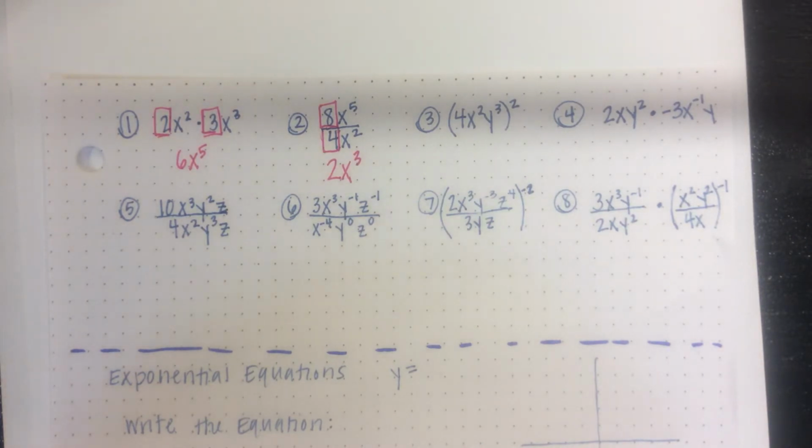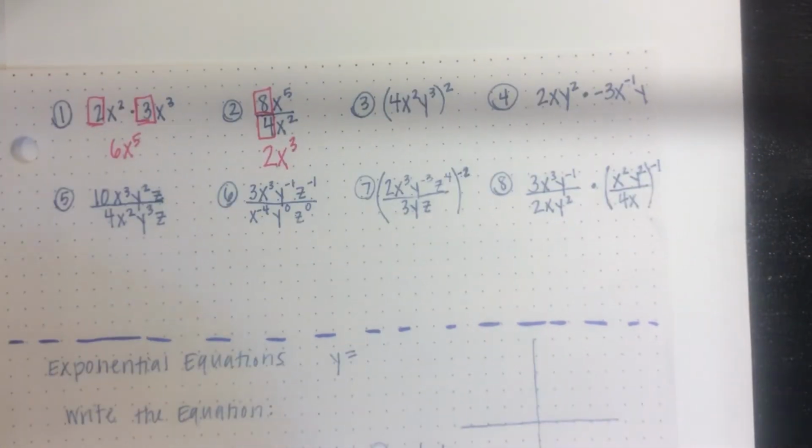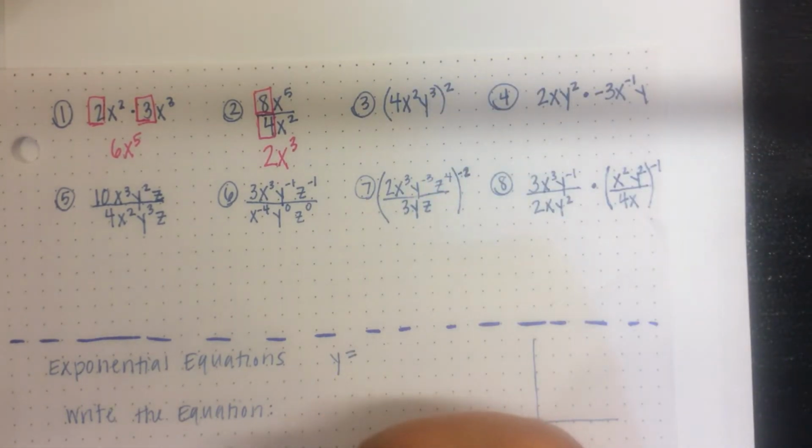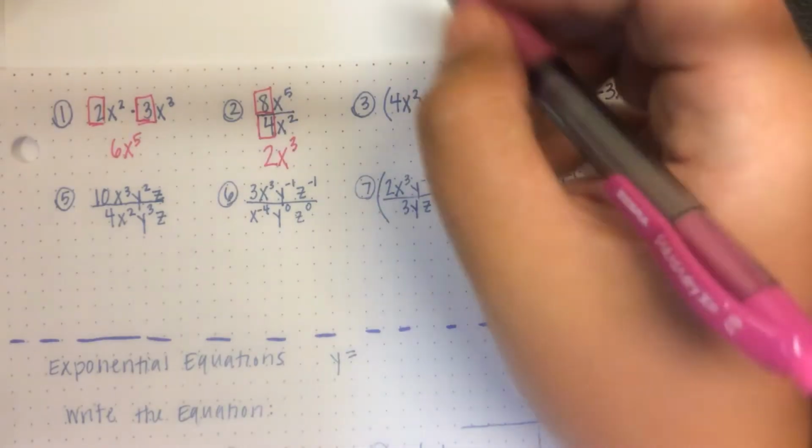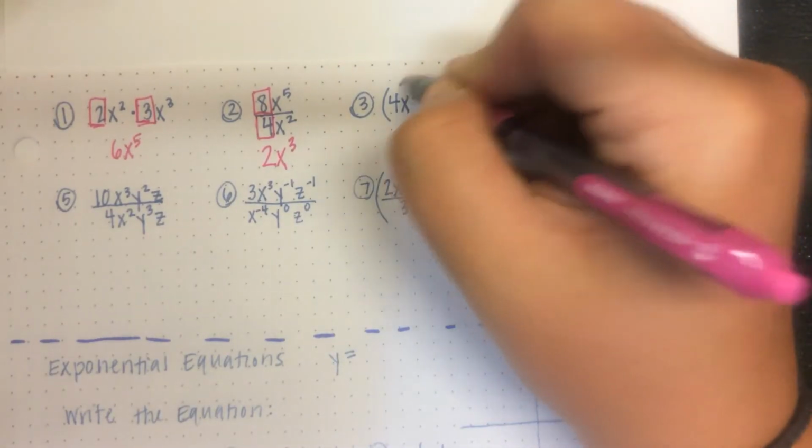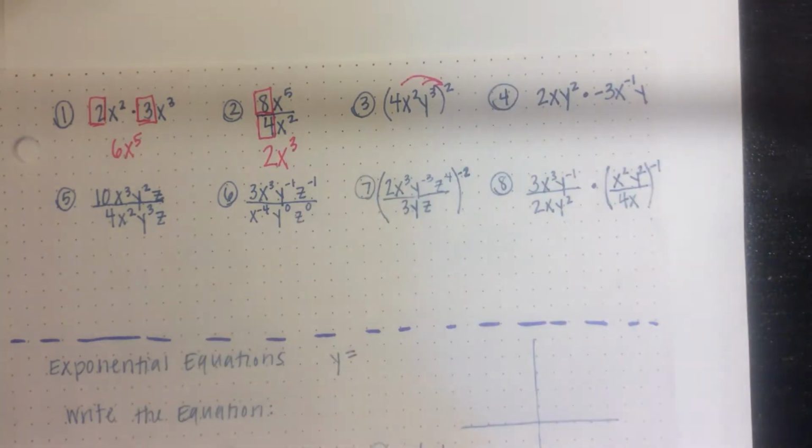For number 3, right, we've got all of this raised to the second power. So I am going to be using my rule that says to multiply. But before I do that, I have to take this 2 and distribute it to everything in this parentheses, right?